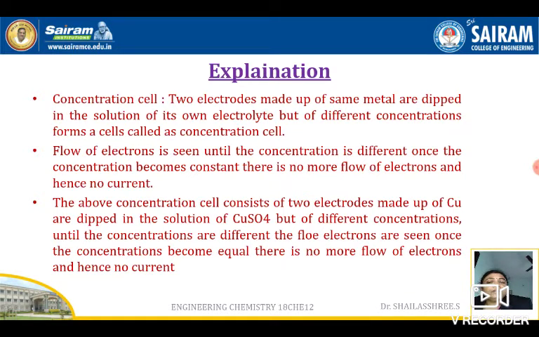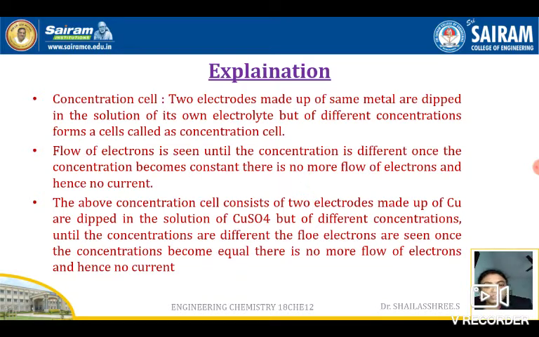Flow of electrons is seen until the concentration is different. Once the concentration becomes equal, there is no more flow of electrons and hence no current.